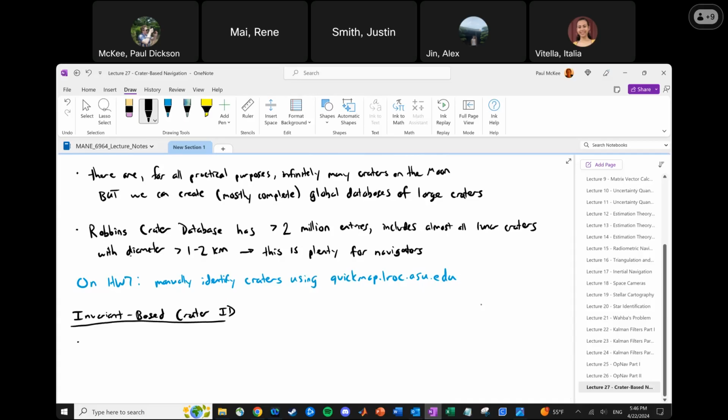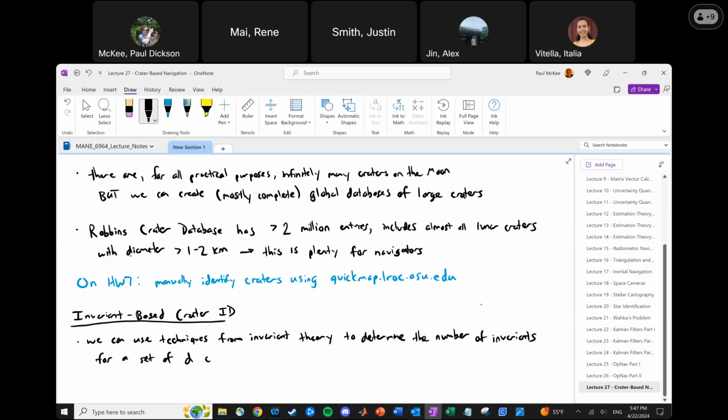So we can use techniques from invariant theory to determine the number of invariants for a set of D craters.